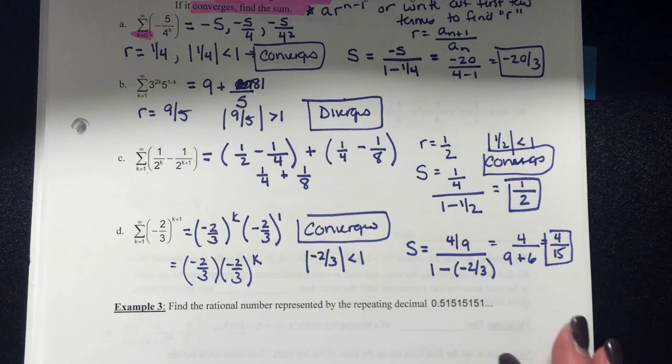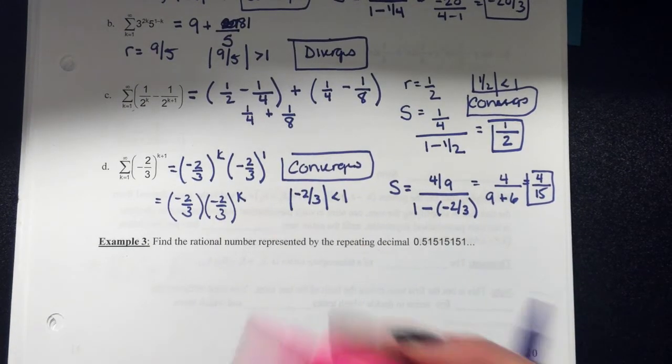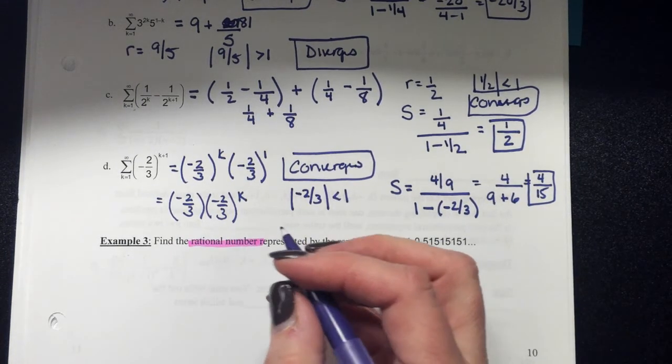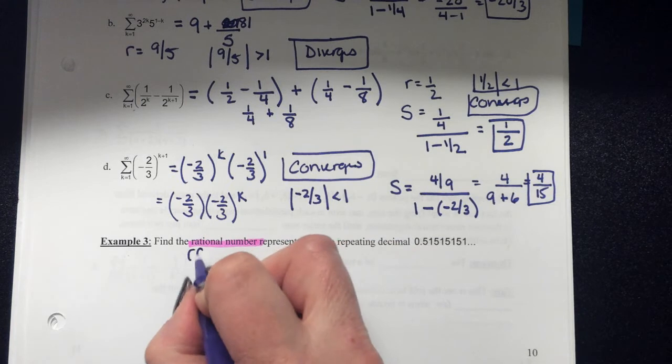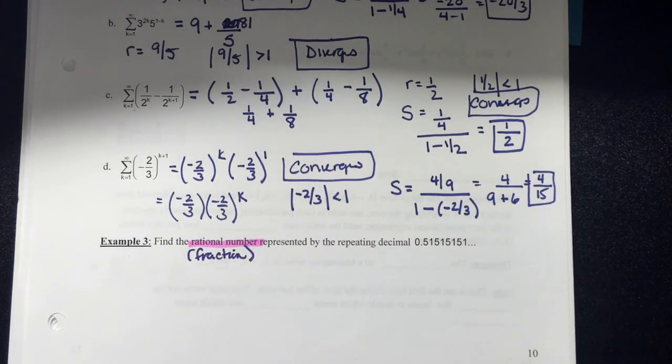Another application of the geometric series is to find a rational number. So when we talk about finding a rational number, we don't want it to be a decimal. It's going to be a fraction or an integer. That is represented by the repeating decimal 0.51, 0.51, 0.51. So we're trying to figure out what fraction, when I divide, produces this particular repeating decimal.